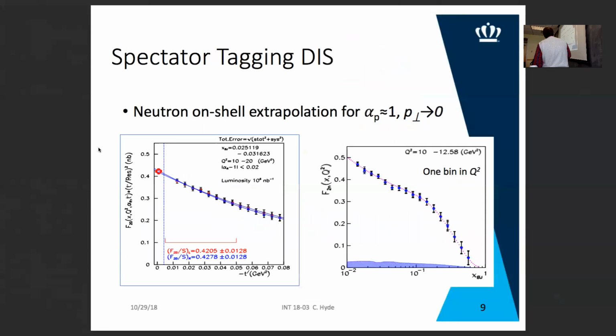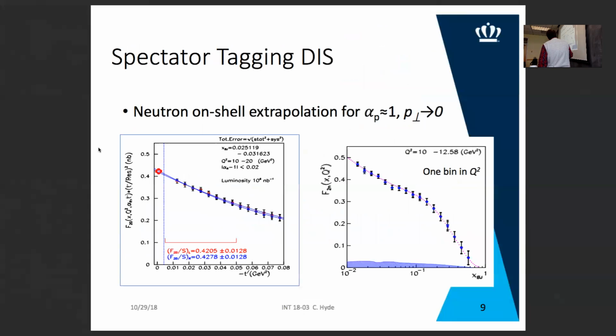Okay, here is a quantitative discussion. This is a simulation. T prime is how far off shell the neutron is, based on naive spectator kinematics.